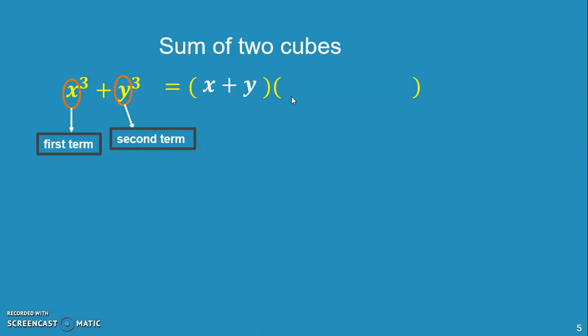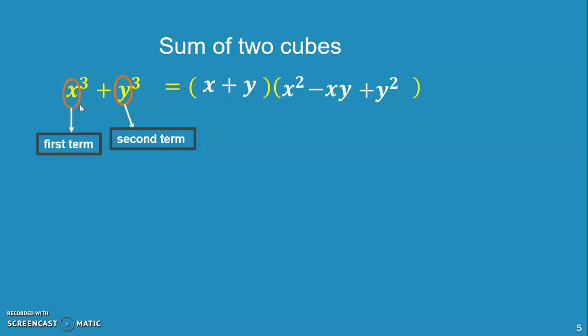Next, the second factor, the trinomial, we will square the first term minus the product of the first and the second term. So we have xy plus the square of the second term. So ito yung factored form ng sum of two cubes.